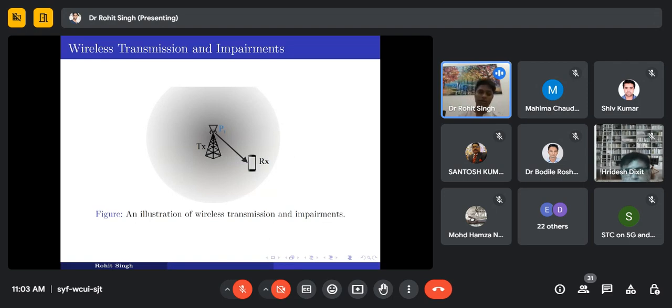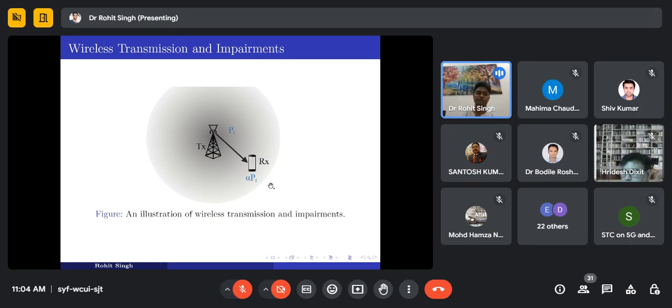So though we have transmitted power PT, only a fraction of that is available to the end user. The rest is shed away within the environment, and we get some alpha times PT.